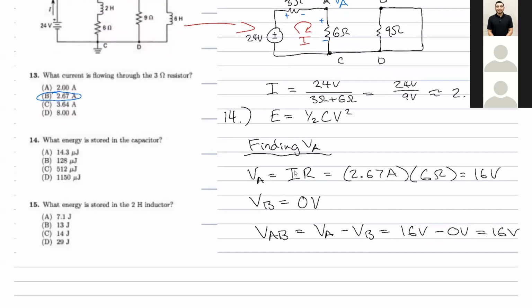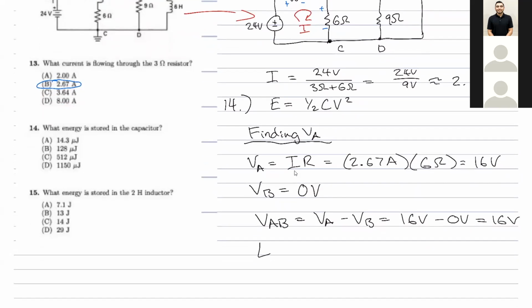And if we plug these values back into our equation here, where this is VAB squared, we get 1/2 times our capacitance, which I think was 4 microfarads, and then times 16 volts squared.